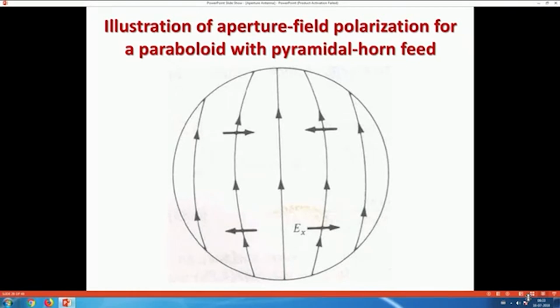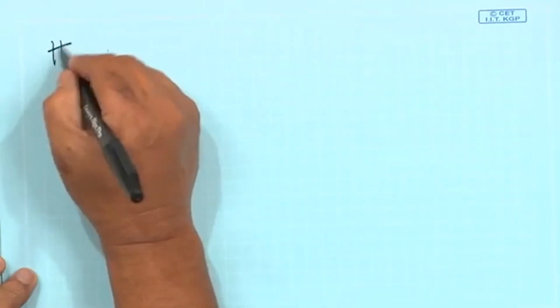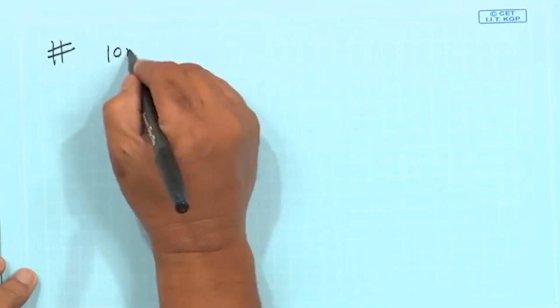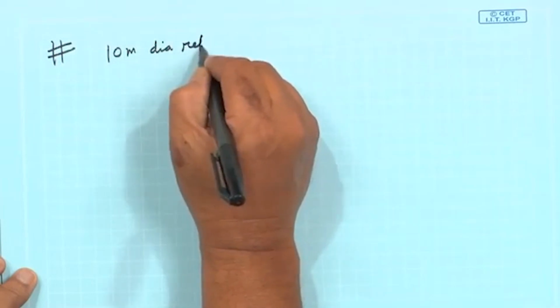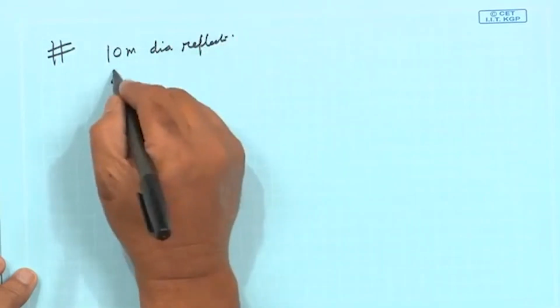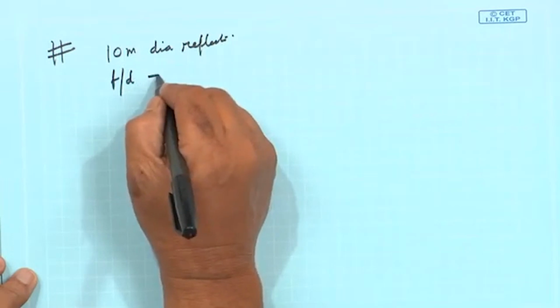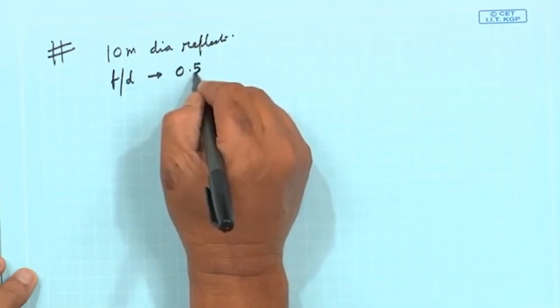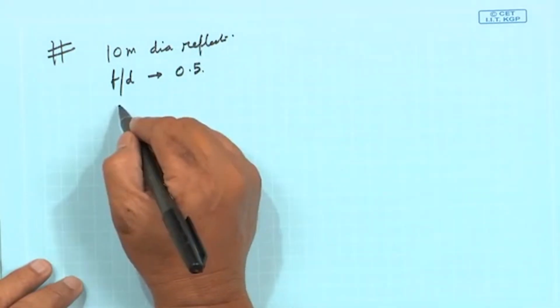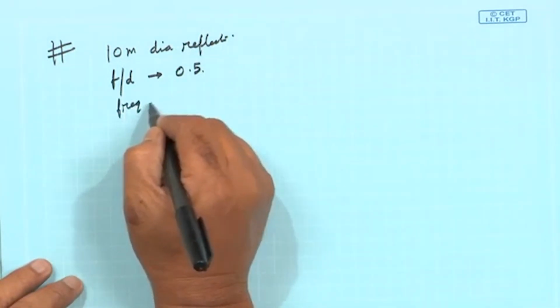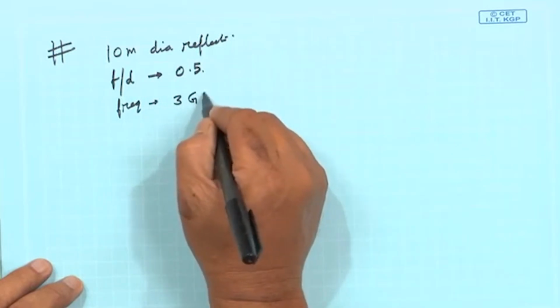So, let us see a problem. Suppose we have a 10-meter diameter reflector with f by d ratio of 0.5, because generally these reflectors are specified like this, and the operating frequency is 3 gigahertz.